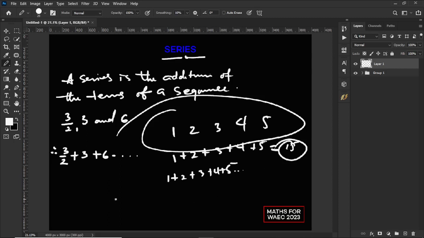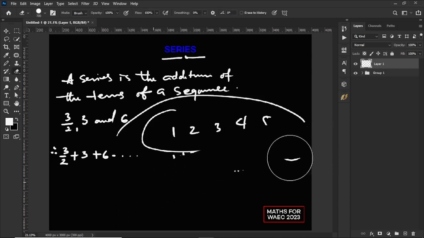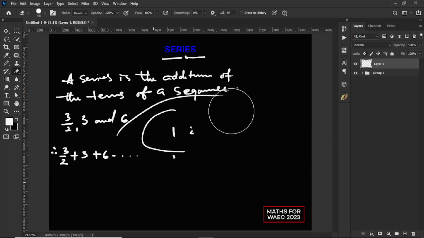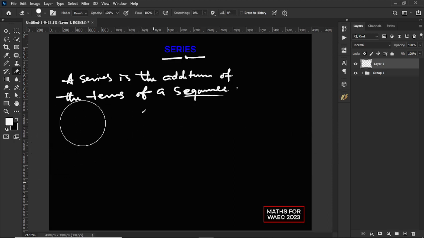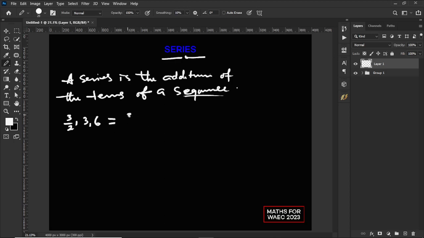Okay. So let's take a look at more examples. We have 3 over 2, we have 3, we have 6, and we said the series of this is going to be 3 over 2 plus 3 plus 6 plus, that's all.